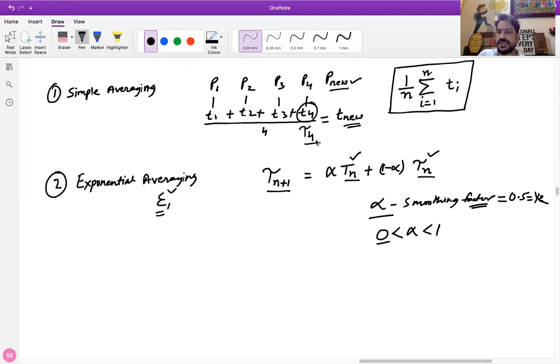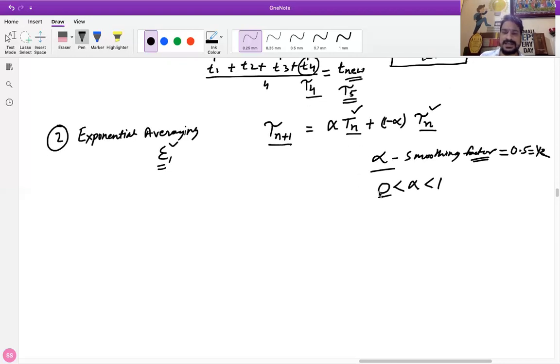If we know these two things, we can calculate the tau of the new process, which is process 5, right? So this formula will tell us like this. If you want to calculate the tau of n, how can we calculate it?